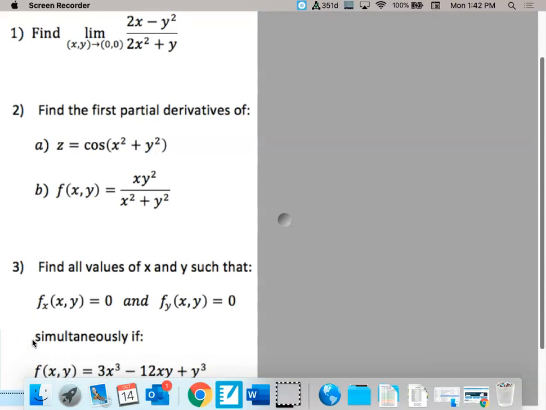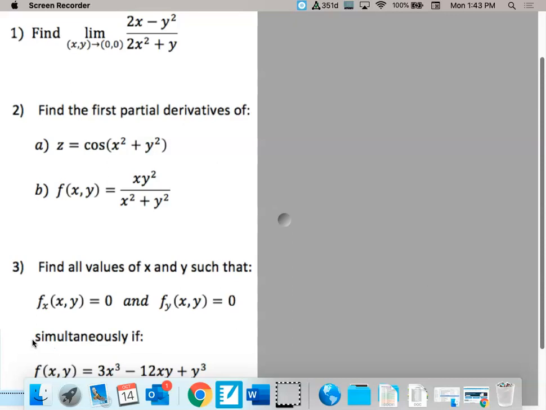So the first one, I think every single group got D and E. Yes. Okay. I saw a variety of approaches. This group did the limit as x comma x goes to 0, 0. They changed all the y's to x's and then factored out an x top and bottom, which is really nice. Then when you plug in a 0, you get a limit of 2.